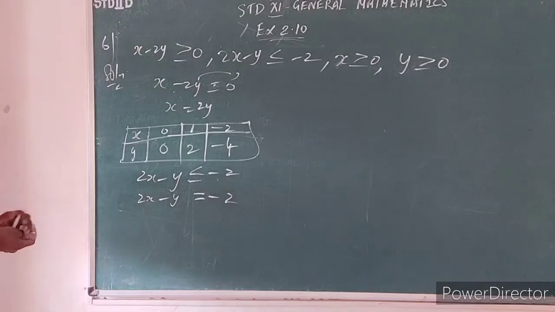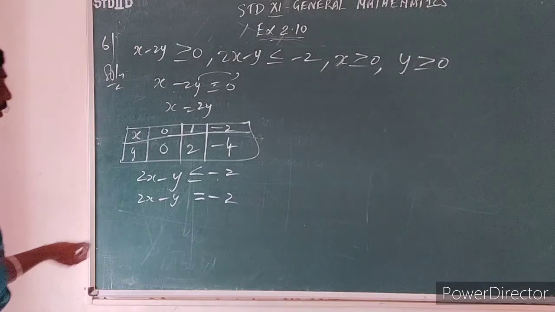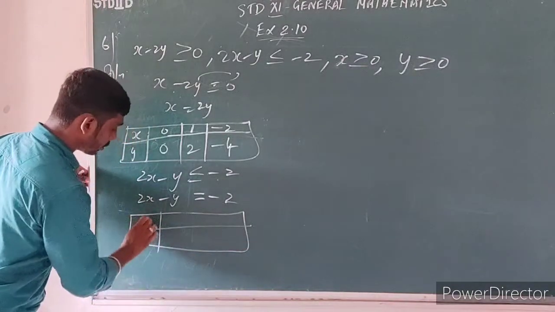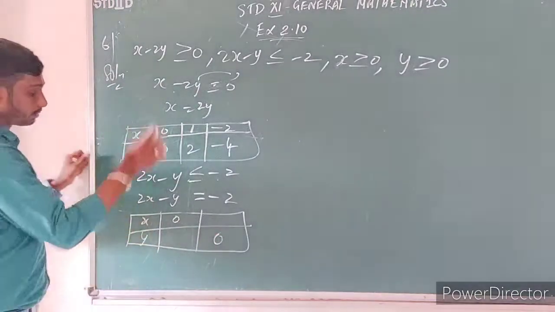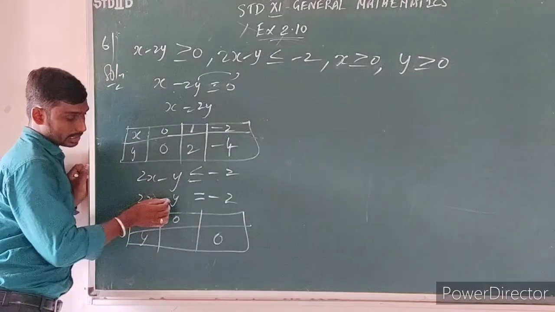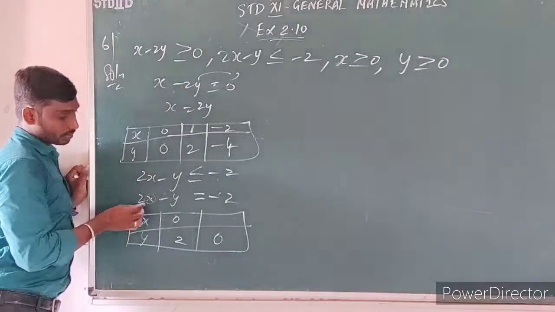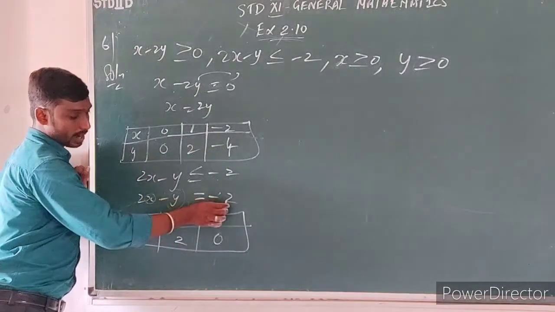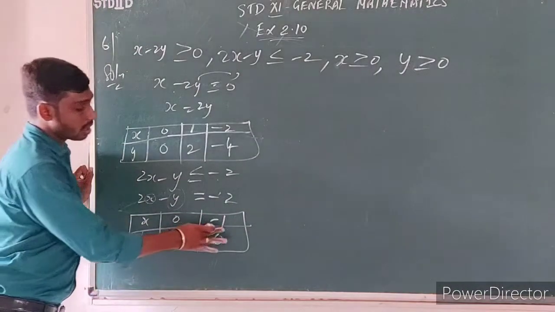Now I substitute x is equal to 0, so this term will be cancelled. Minus minus cancel. What is the value we get here? That is 2. Then we substitute y is equal to 0, so 2x equal to minus 2, and x is equal to minus 1.